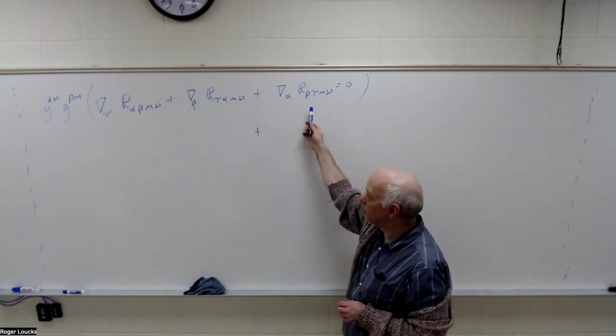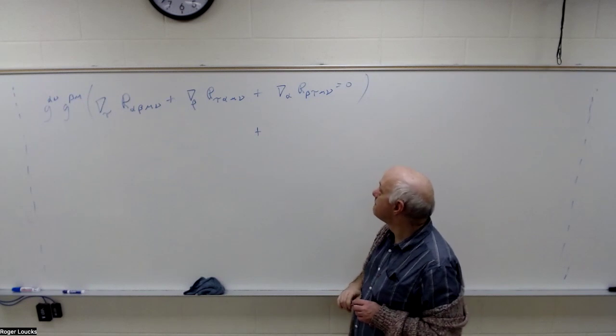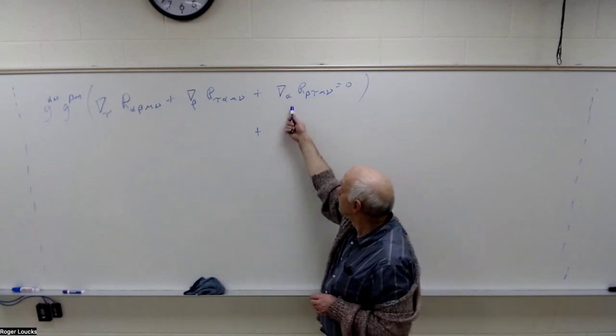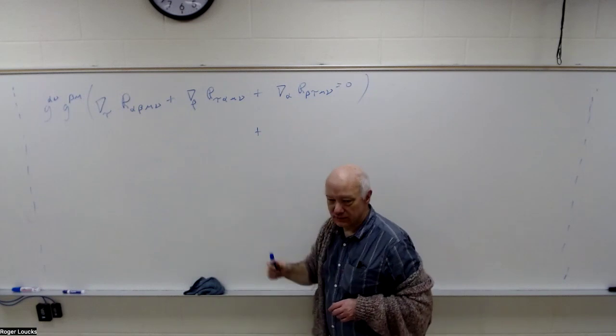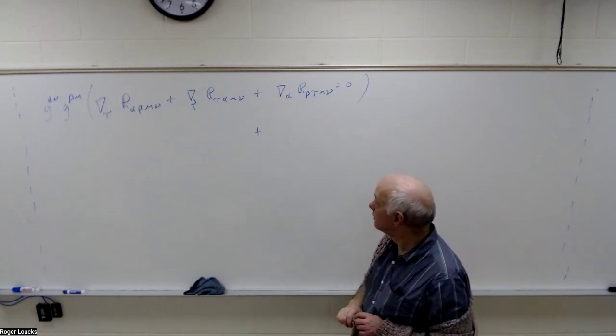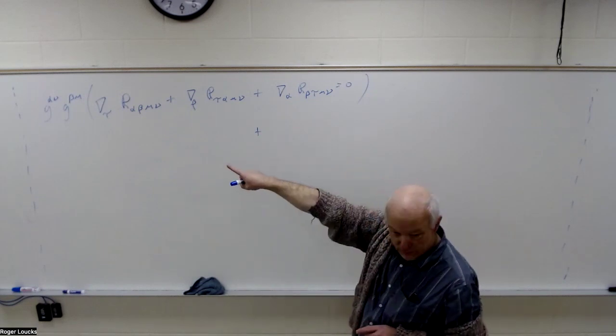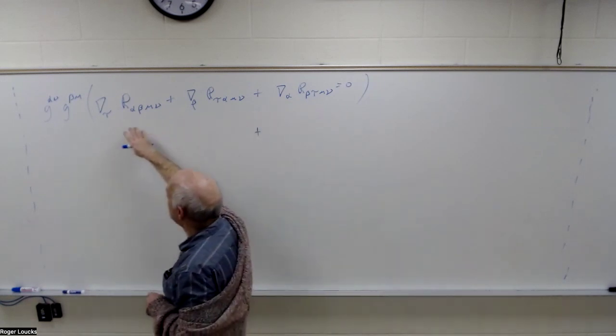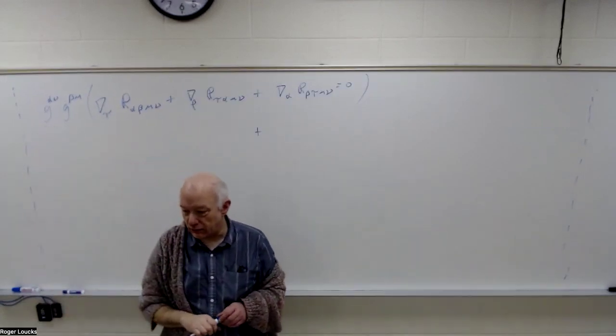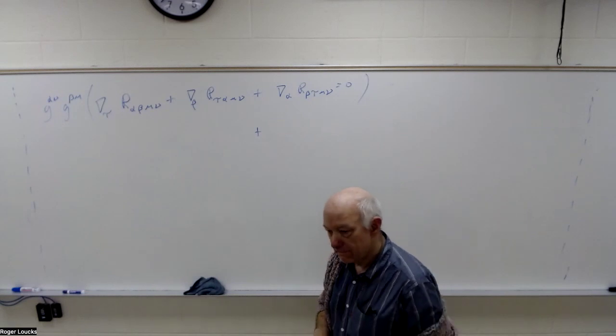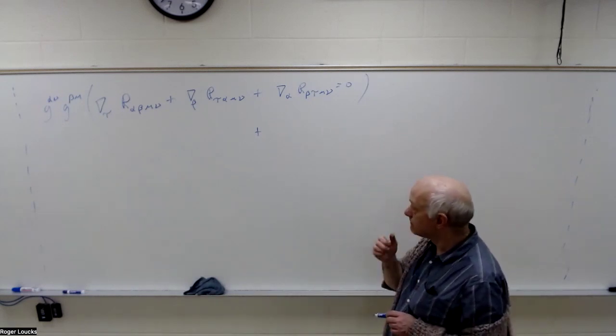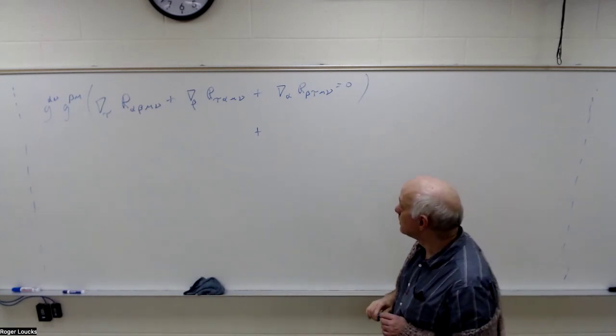So let's look at this one. What is this term here going to become? Let's look at this guy. Here's the Bianchi theorem. I'm just randomly multiplying by this guy here for no good reason. So the first thing we're going to have, the beta and mu.